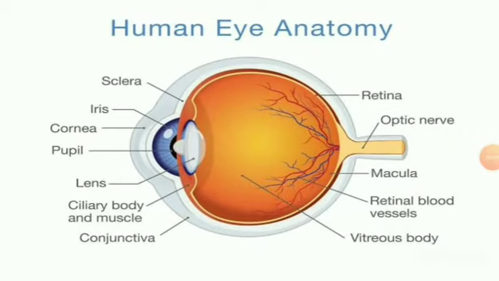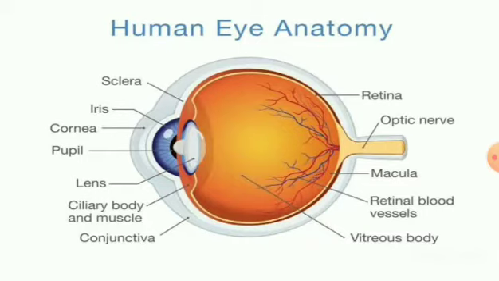Now let us study in detail the structure of an eye. The eye is one of the important sensory organs in the human body. It is composed of muscular tissue, connective tissue and neural tissue, and is mainly responsible for vision and differentiation of color. Students, do you know one thing?